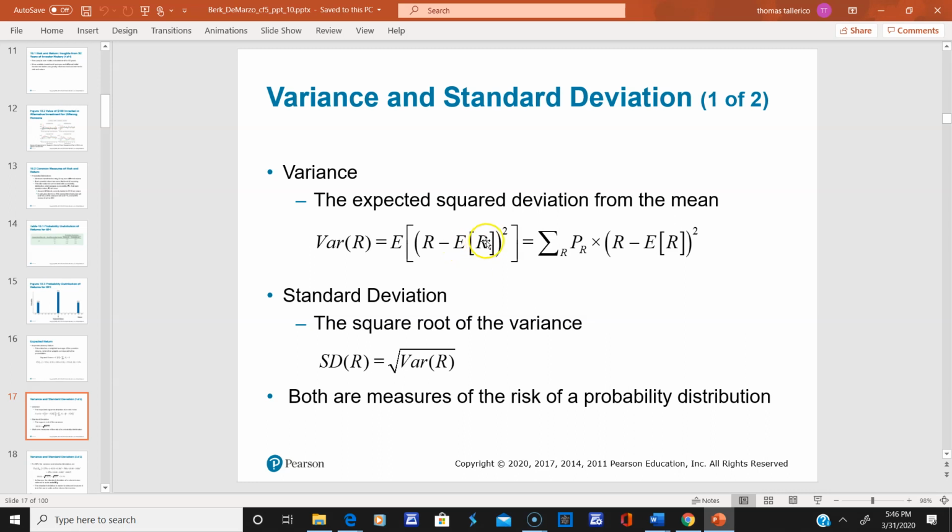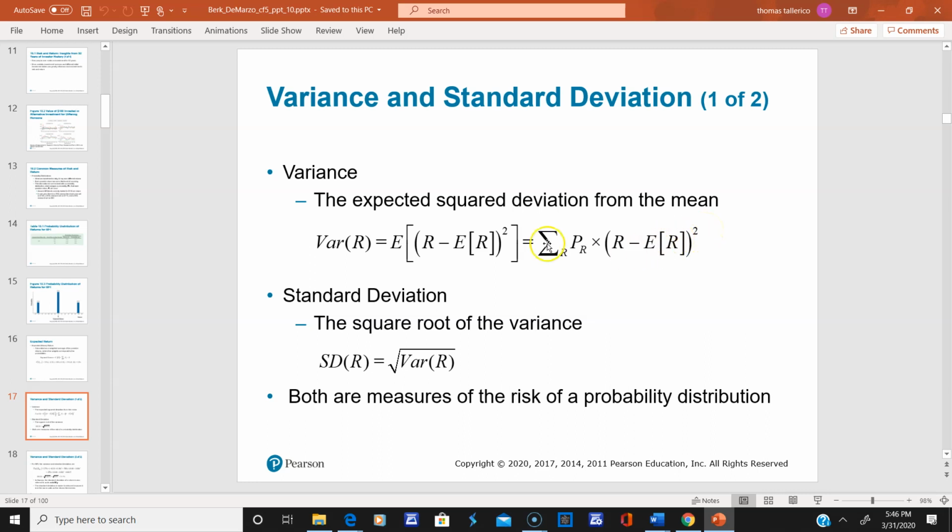So basically, remember the expected return we calculated was this equation here, right? So simply what you got to do is take the sum now of the probability times the return minus the expected return, squared, okay?